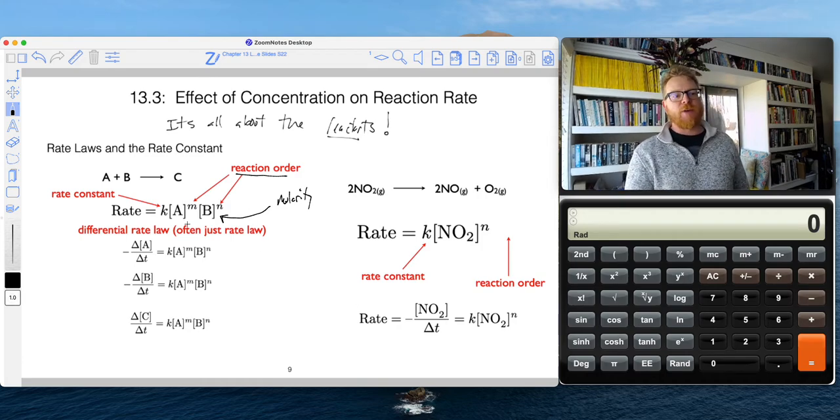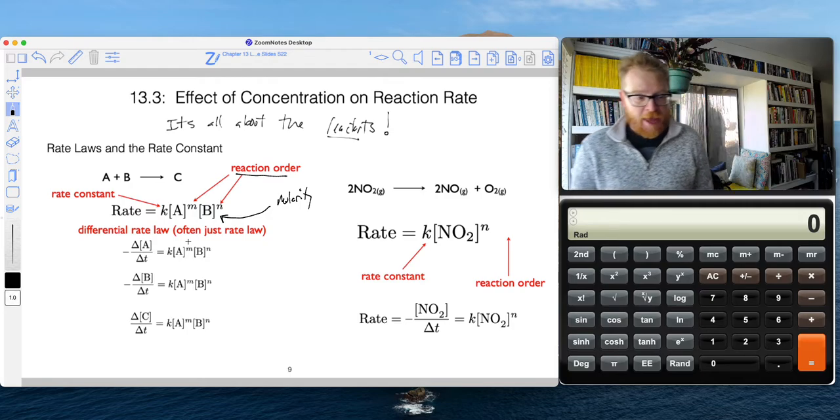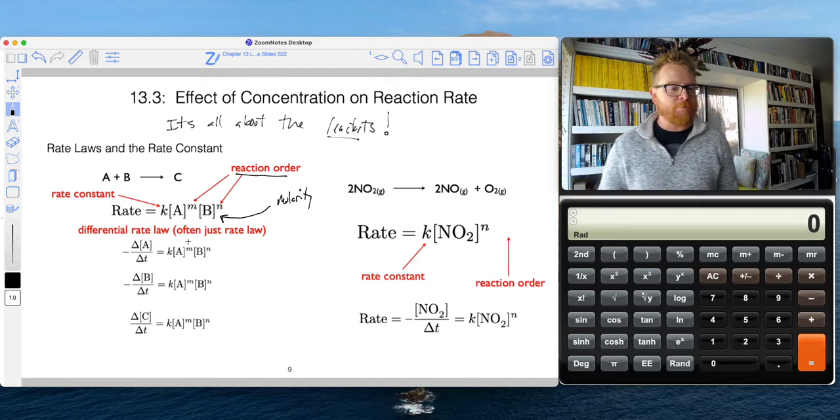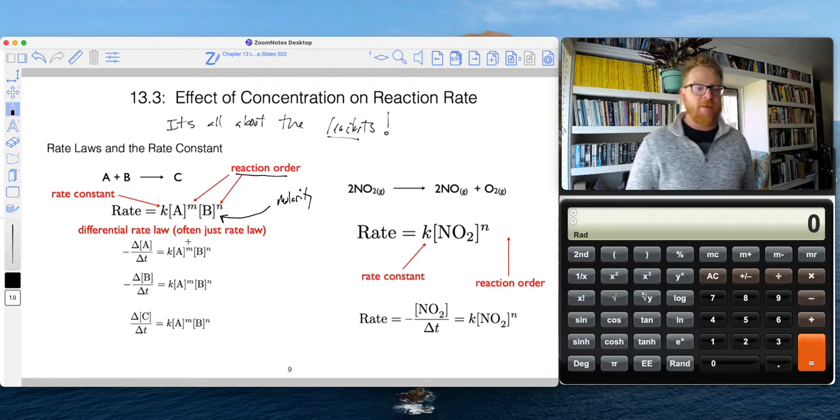Now if I wanted to fill this out in a more specific way, here's where I could use those relative rates that we just talked about. If I look at this in terms of A, I could say negative delta A divided by delta t equals k times A times B, raised to their respective powers, which we don't know yet, but they will be some whole number like 1, 2, etc. It can be 0 as well.